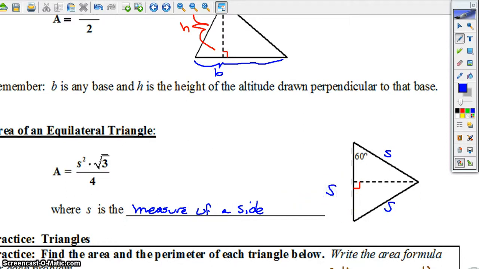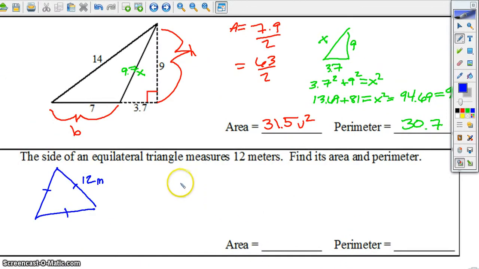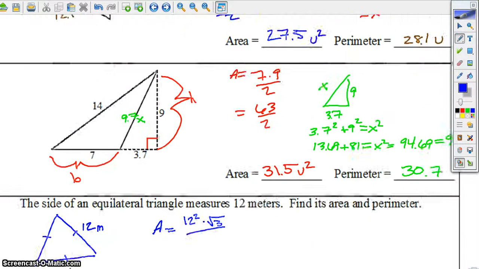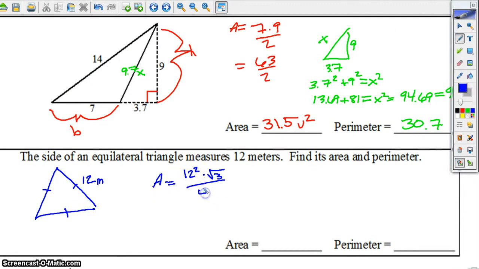Okay? So, pretty easy. When we plug it in, we're going to do 12 squared, because that's the measure of a side, times the square root of 3, and we'll go over how to find that, divided by 4. So there's our formula. We're just plugging it in. Let's take this one step at a time. 12 squared is 144 times root 3 divided by 4.